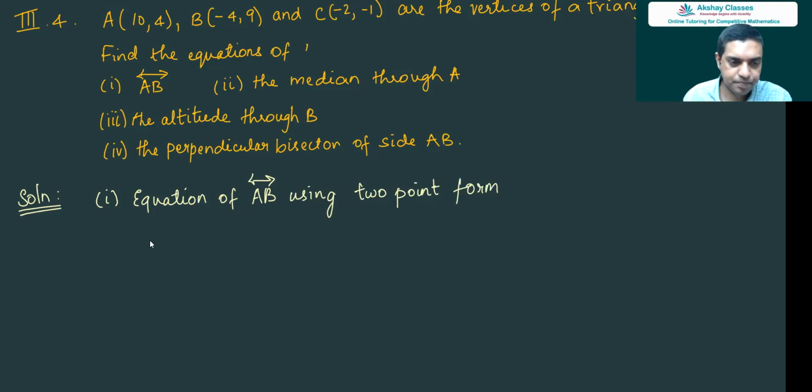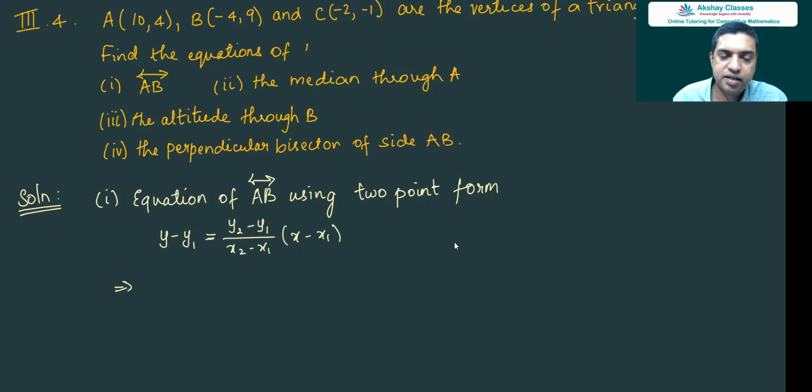What is the 2-point form? y minus y1 is equal to (y2 minus y1) by (x2 minus x1) into (x minus x1).